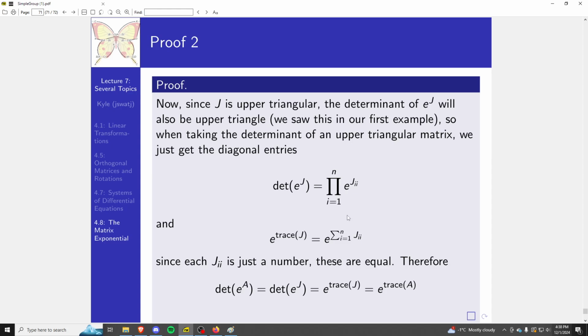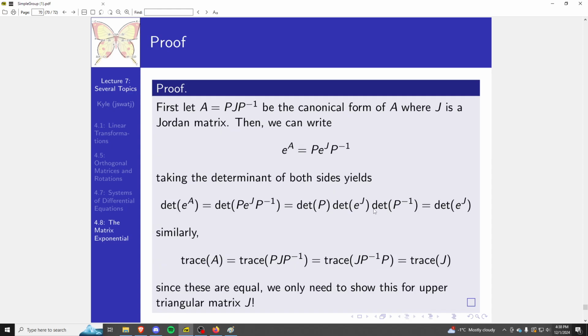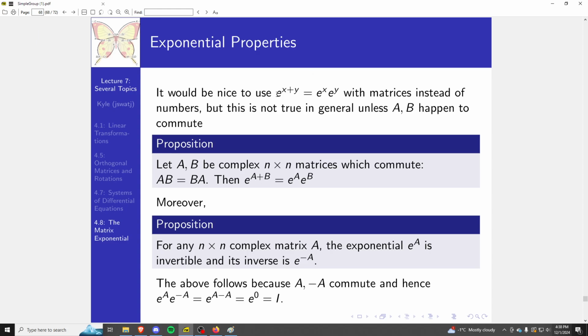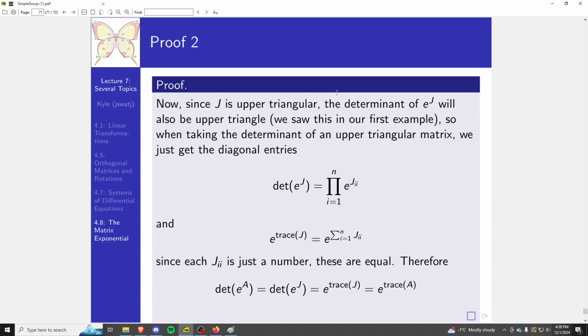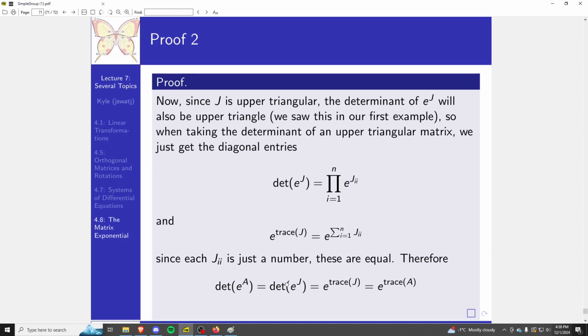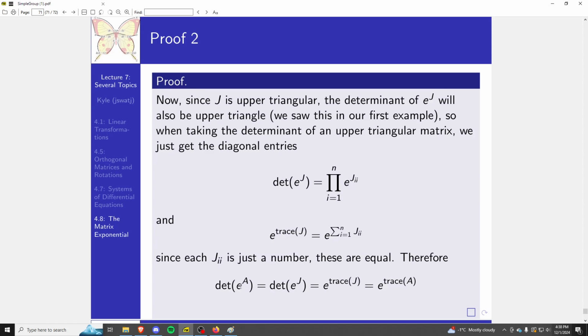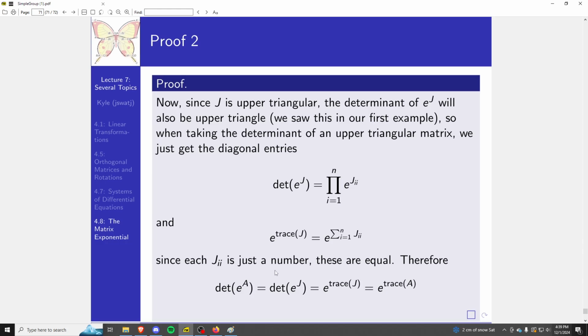We can reorder them using that rule that we wish we had for matrices, but since we're working with numbers, we can actually use it. And so these two are exactly the same. And if those are exactly the same, then we can literally write a string of equals to show that this holds true for A. And so that's the proof.